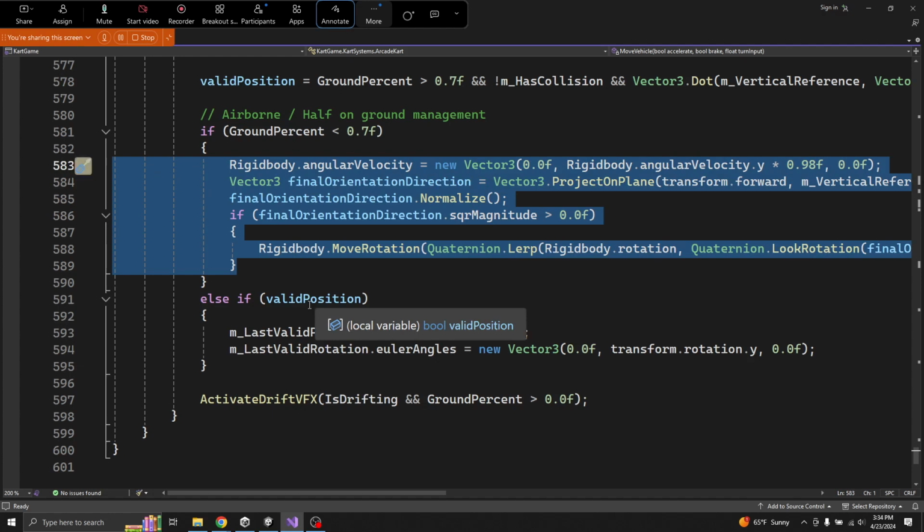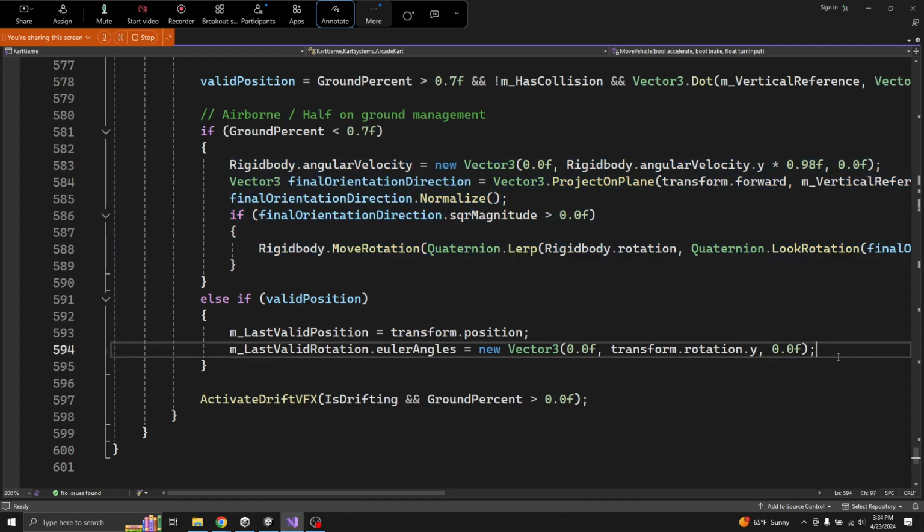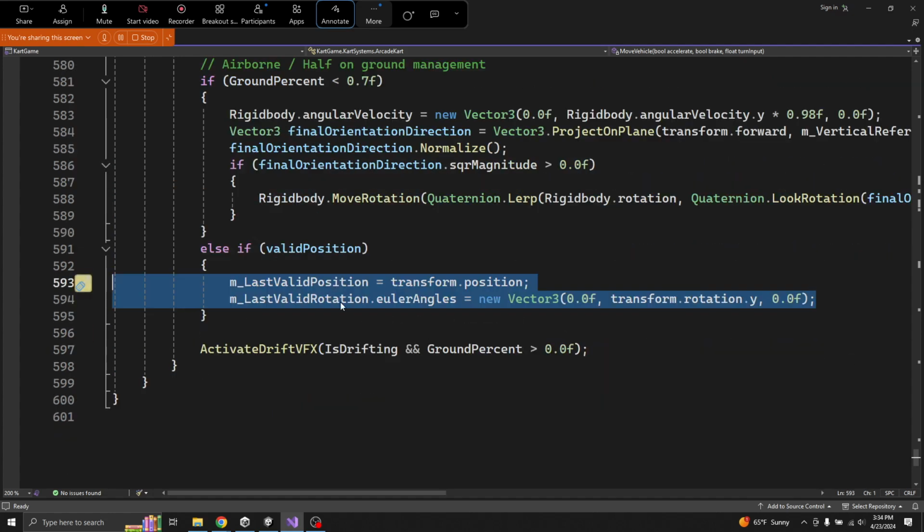But if all of our wheels are on the ground and we're in a valid position, then we deal with rotating ourselves this way. Oh, we don't rotate ourselves at all. We just record our position and our rotation for use later.